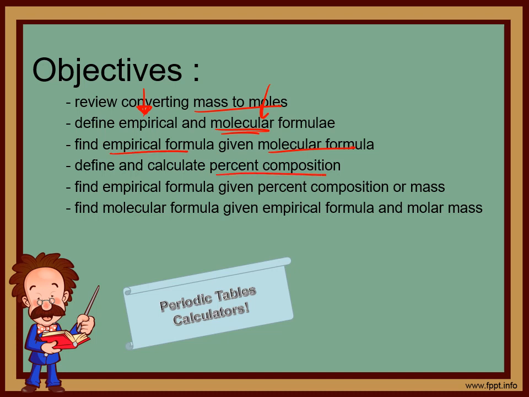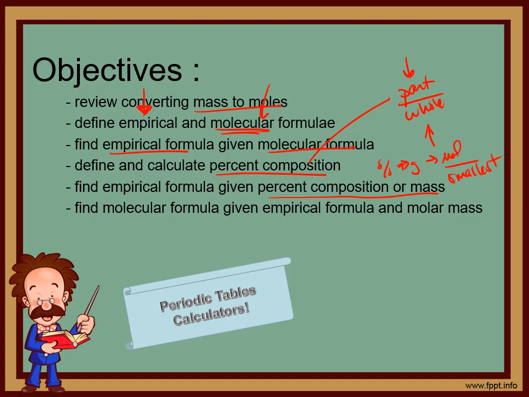We calculated percent composition. Remember that percent is part over whole. So find the mass that's part of that's just an element, and then the whole compound, divide, multiply by 100 to turn it into a percent. We found empirical formula using percent composition and mass. Turn percent into grams, turn grams into moles, divide by the smallest scale if you have to.